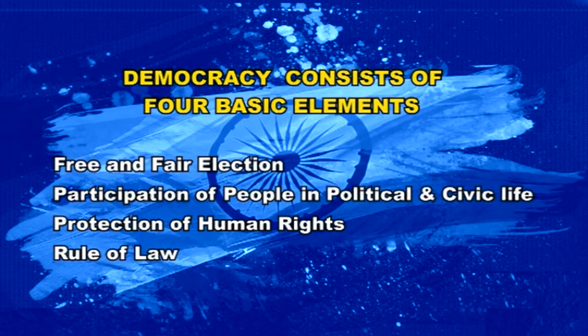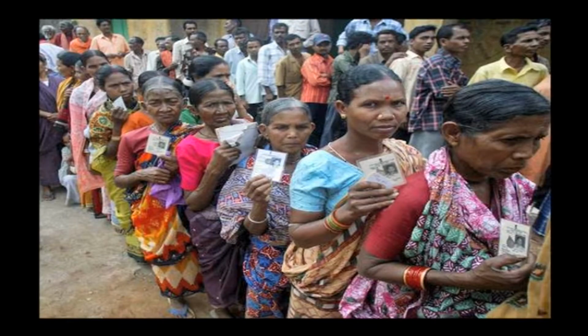I want to begin with an overview of what democracy is. We can think of democracy as a system of government with four key elements. 1. A political system for choosing and replacing the government through free and fair elections.